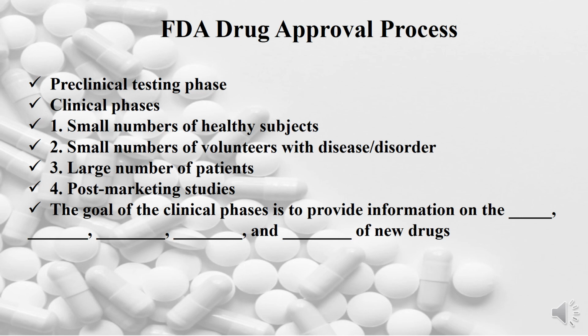So we'll talk about the clinical phase 1. Phase 1 studies usually involve small numbers of healthy subjects rather than those who have the disease that the new drug is intended to treat. The purpose of this phase 1 study is to determine the optimal dosage range and the pharmacokinetics of the drug, and to ascertain if further testing is needed for this drug.